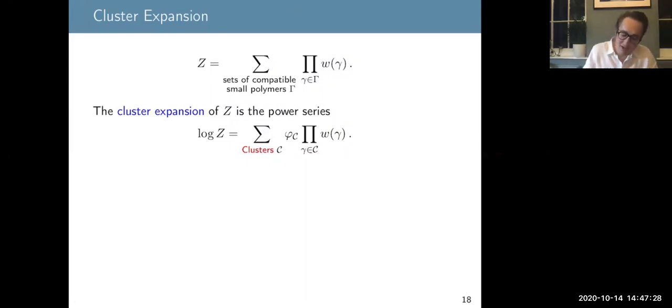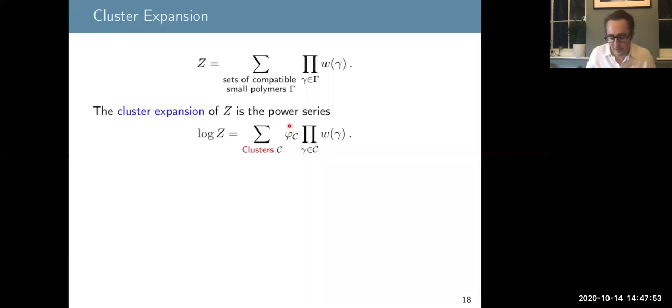And actually looks quite similar to the partition function itself, except there's two key differences. So in the partition function, I'm summing over all compatible collections of polymers that kind of don't overlap. And here, I'm summing over a different kind of object called a cluster. And I'll explain what a cluster is in a second.